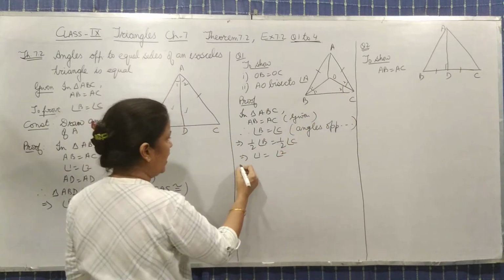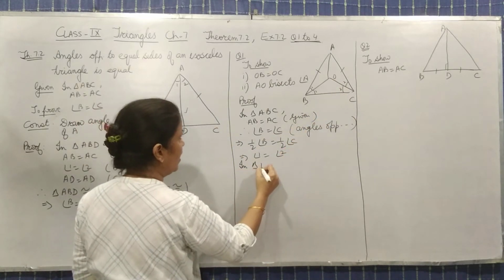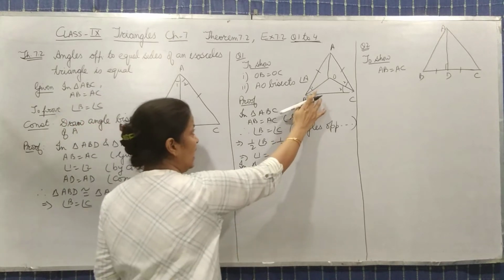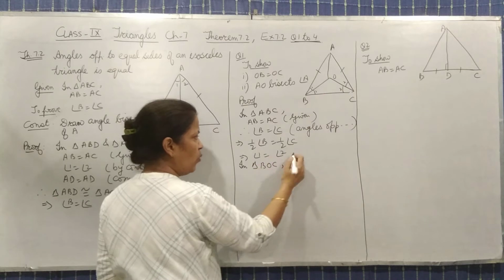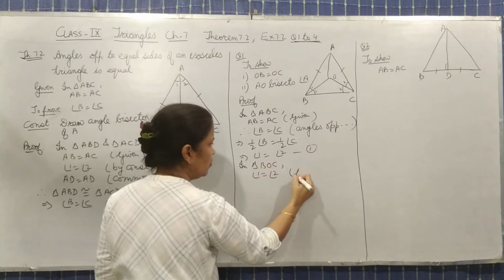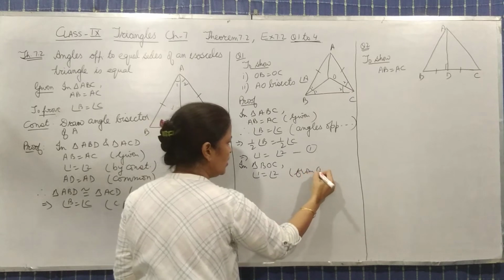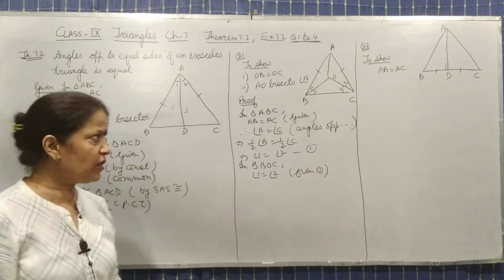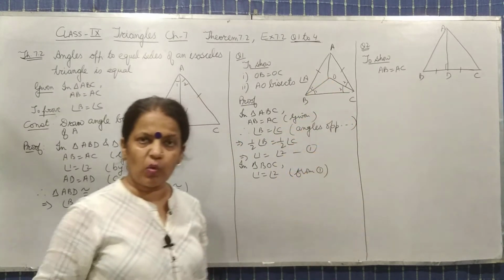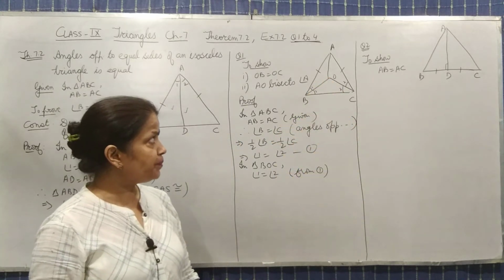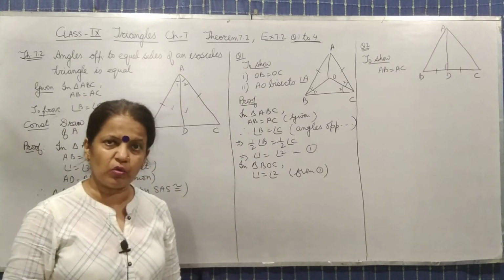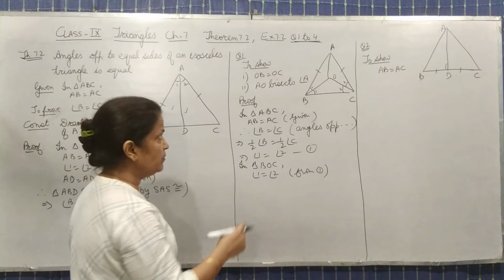Now you will take triangle BOC. Angle 1 equals angle 2 from the first result. If the angles are equal, then the sides opposite to them will also be equal.